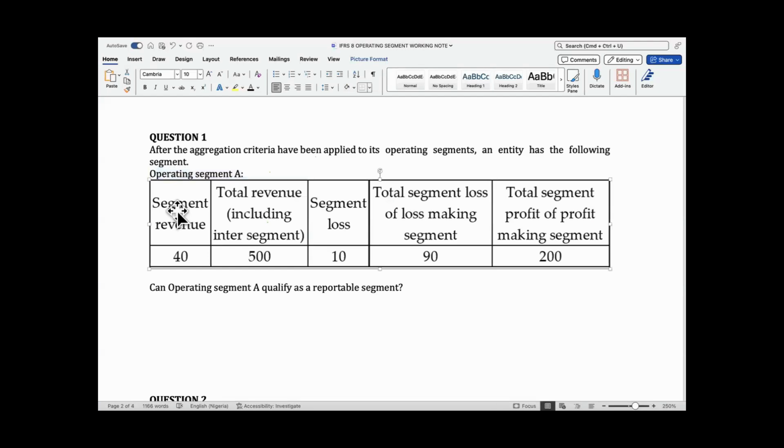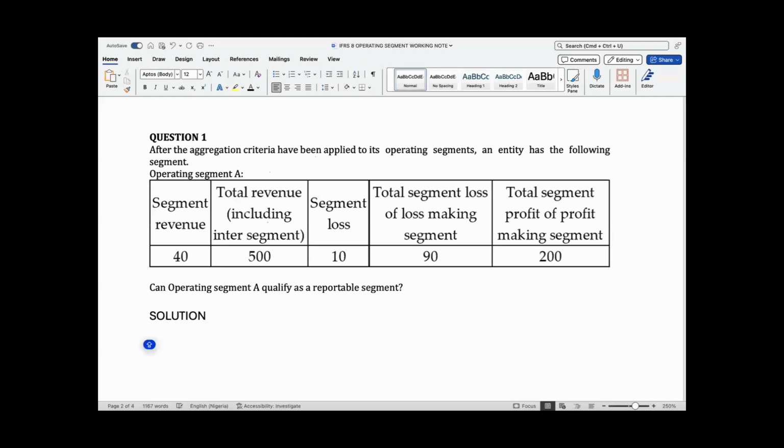The total revenue of the company, including inter-segment sales, is 500. The segment loss is 10. The total segment loss of loss-making segment is 90. The total segment profit of profit-making segment is 200. Can operating segment A qualify as a reportable segment?